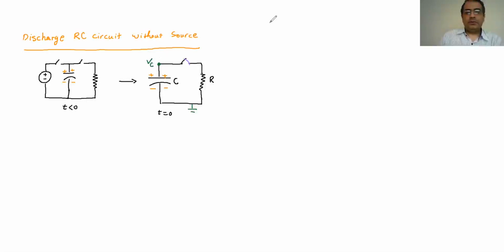Remember, in the node voltage method, we choose that node and assume all the currents leave that node. So I assume there are two currents leaving that node, I1 and I2.